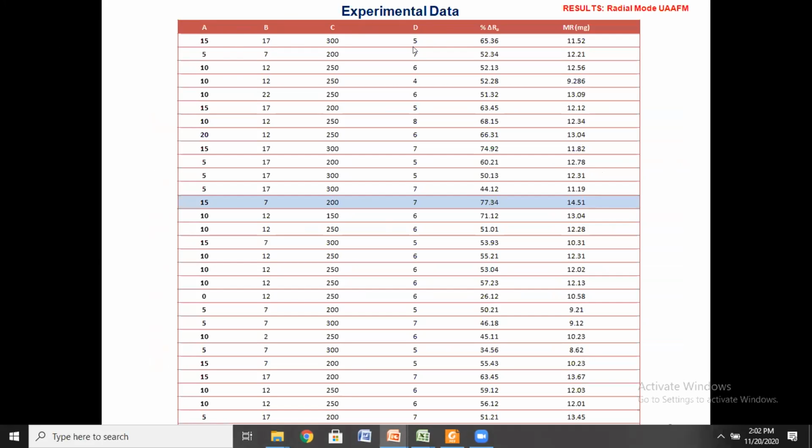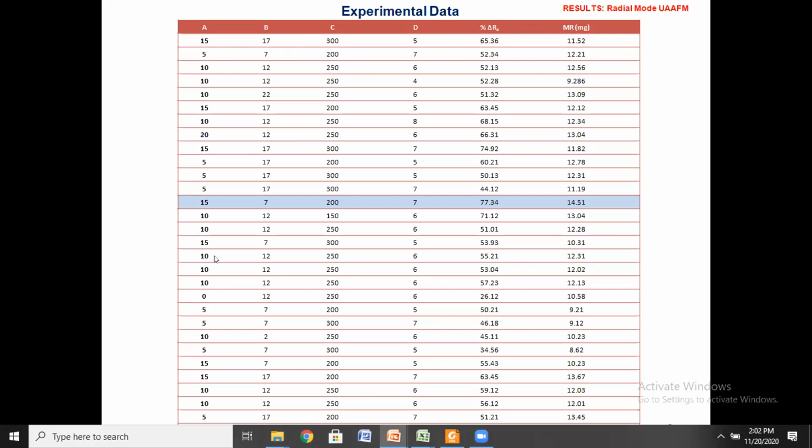The results were recorded for each and every experiment. My responses are the surface finish improvement and the material removed. These are recorded for each and every setup.